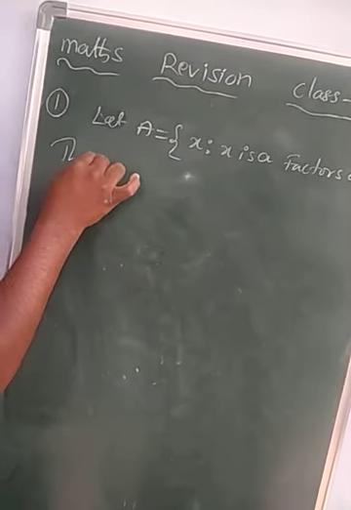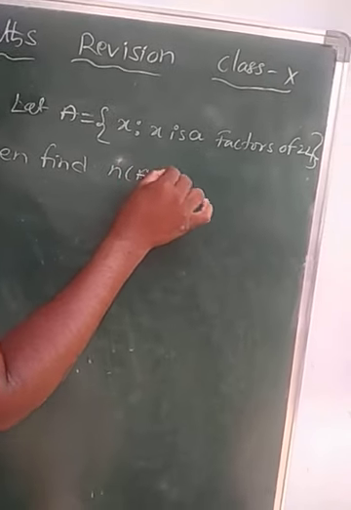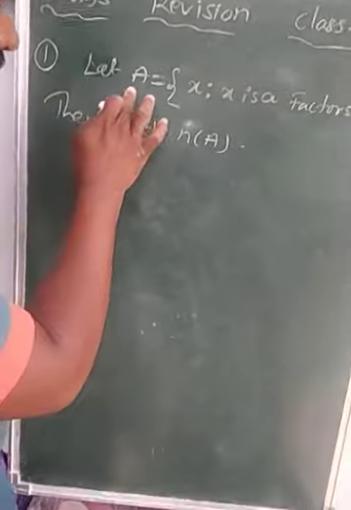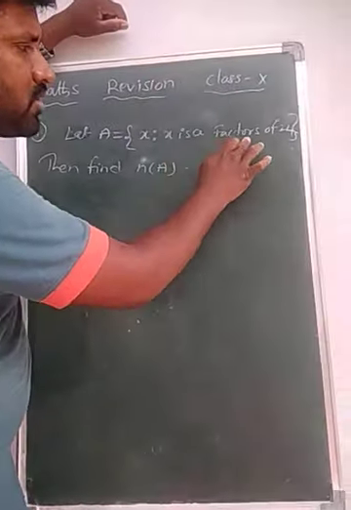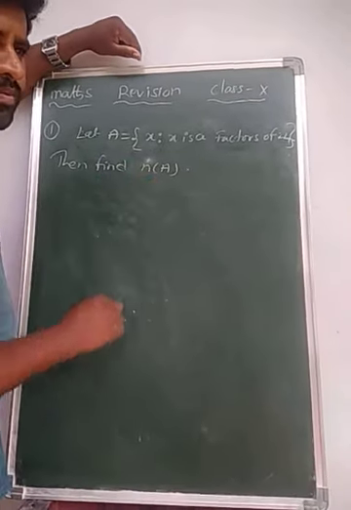Then find the cardinal number of A. Okay, what is the question, Nana? Let A is equal to the set of x such that x is a factor of 24. Then find the cardinal number of A.